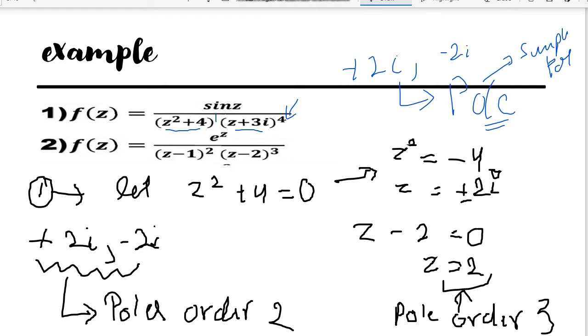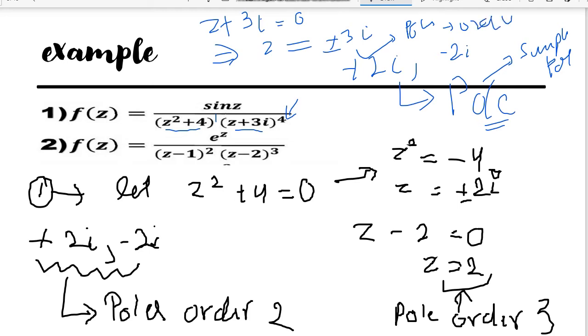Got it? Now let us put this equal to 0. Substituting z plus 3 iota equal to 0, we get z equal to plus minus 3 iota. So plus minus 3 iota is known as poles of order 4.